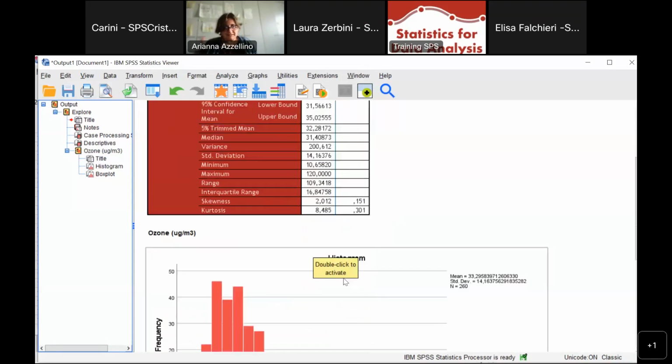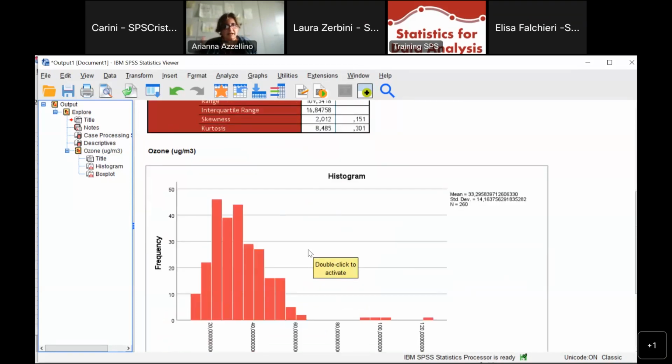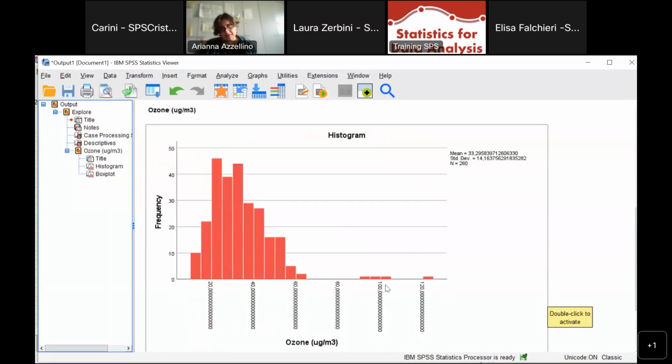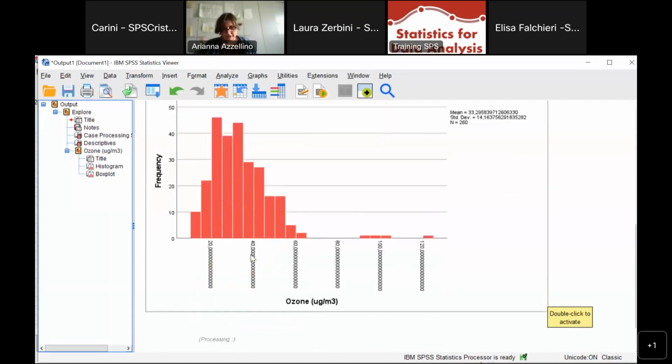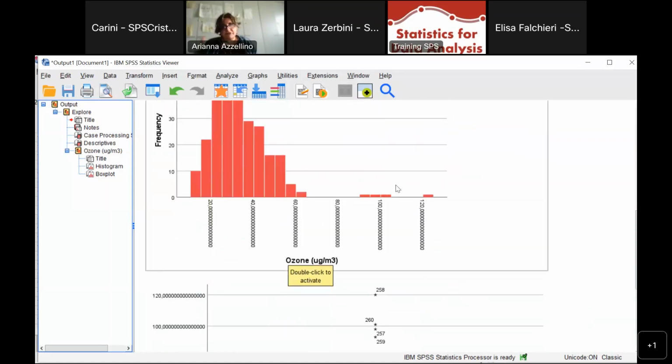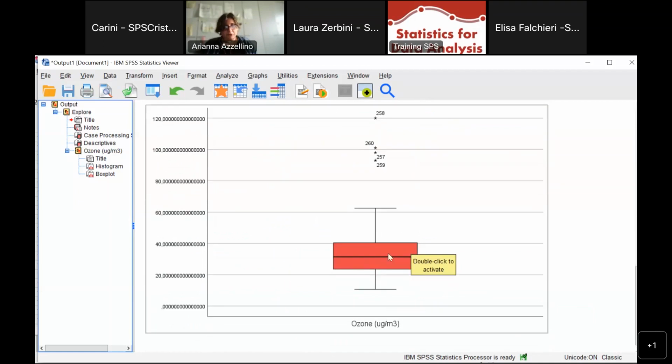Besides the statistics, I am also looking at the distribution of the data itself using the histogram, and I can see here that there are some observations which appear to be very separated from the core, the bulk of the other data. This information is even more evident when considering the box plot.